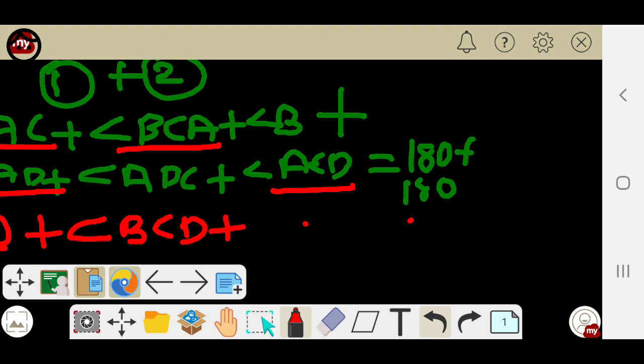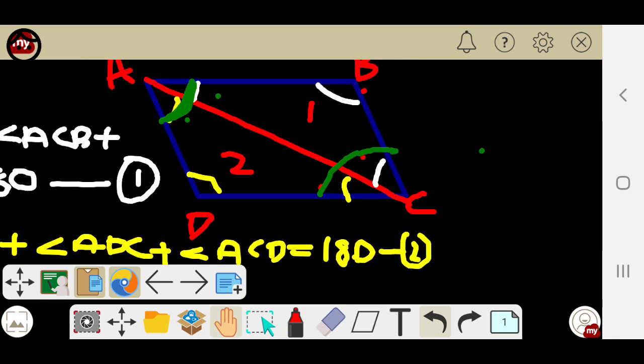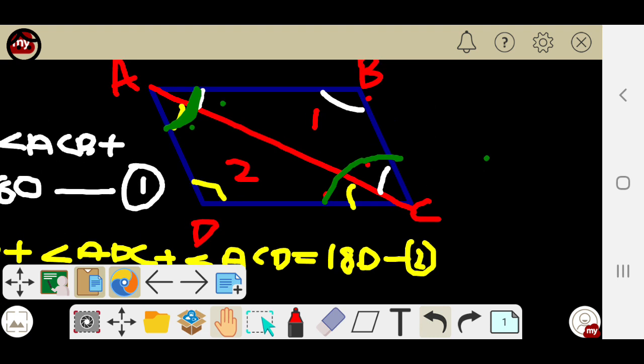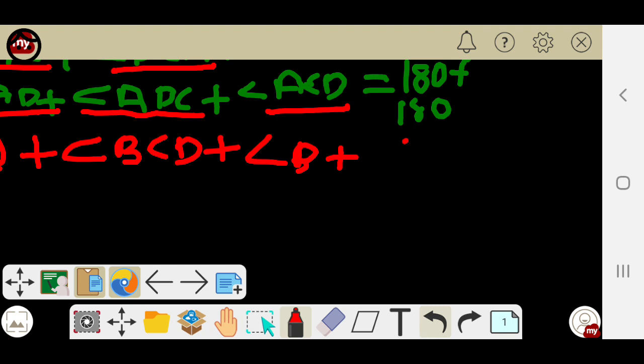Then angle B, same angle B. Angle ADC, this angle ADC, we can write. Which one is angle ADC here? ADC is the same as angle D. Angle D equal to this: 180 plus 180 equal to 360.